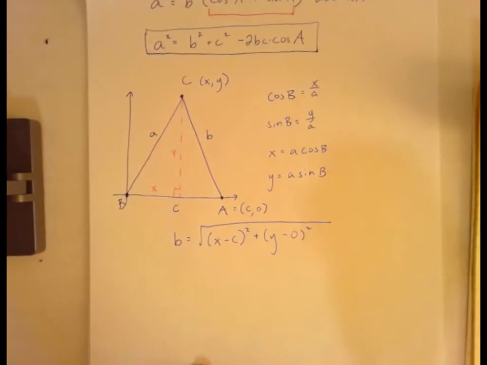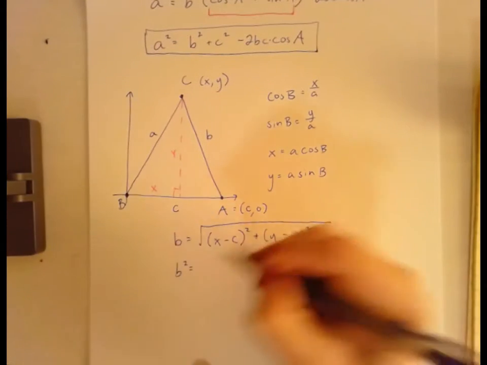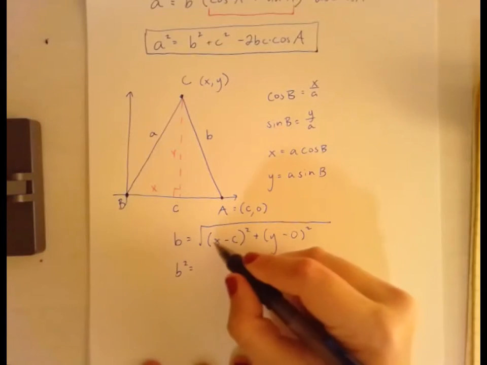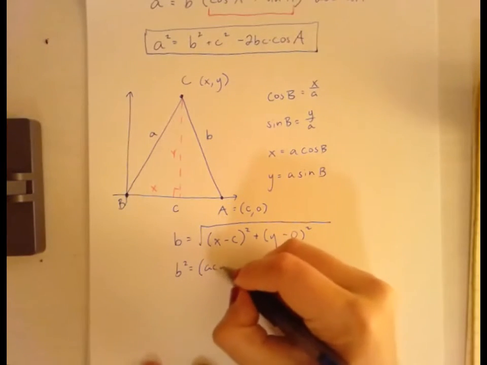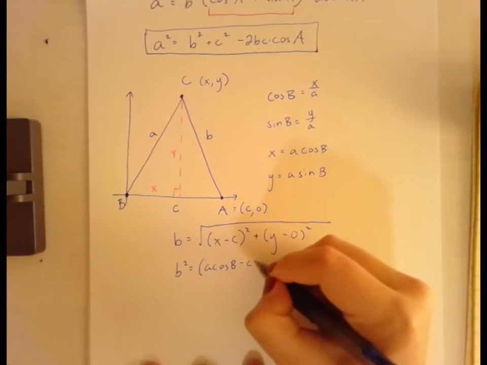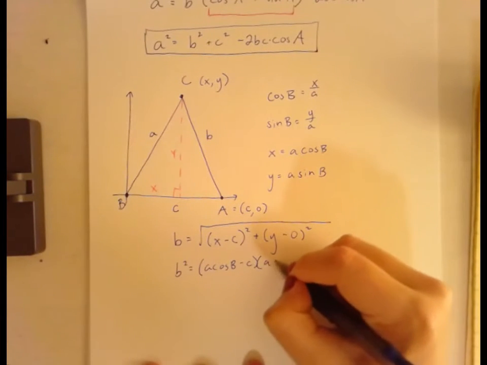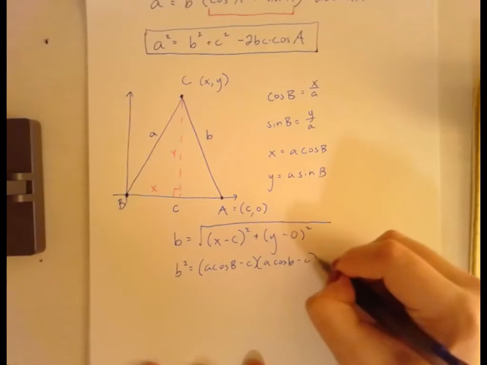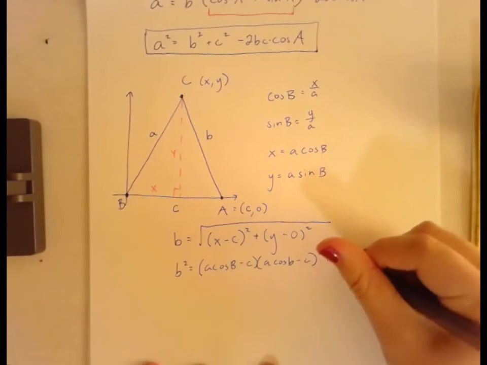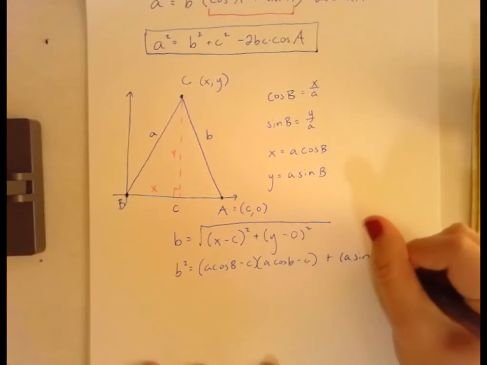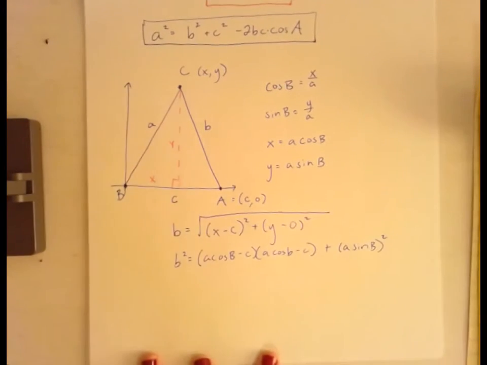We can square both sides to get rid of the radical. And we can also fill in for x again. So a cosine B minus c, a cosine B minus c, plus y squared, plus a sine B squared.